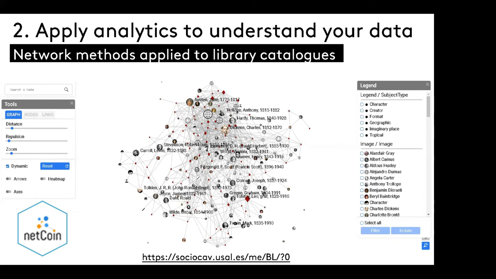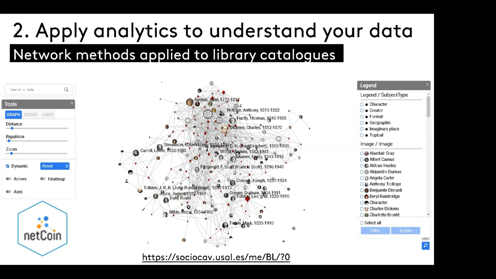This is something that we're working on as part of the PhD that I'm undertaking at the Department of Sociology at the University of Salamanca. It's for those of you who use R or are interested in applying network science to your data; this makes it really, really easy.